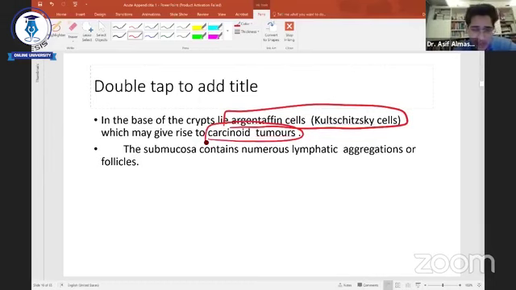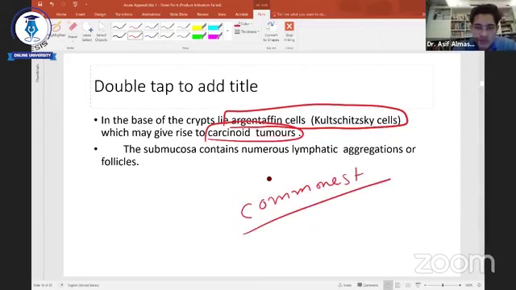If you remember, the appendix is the commonest site of carcinoid tumors in the gut. Carcinoid means they are tumors which behave similarly to carcinomas, but they are not carcinoma. Maybe in another class we will discuss these tumors.